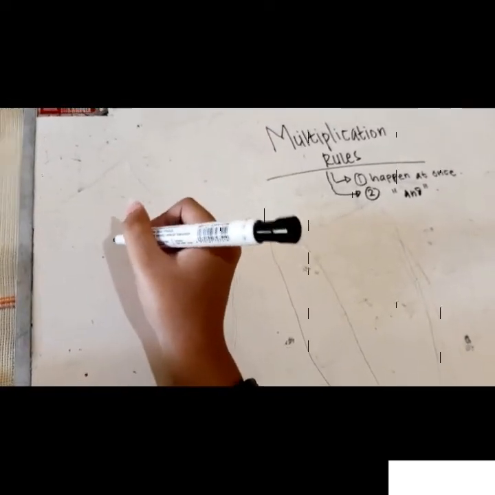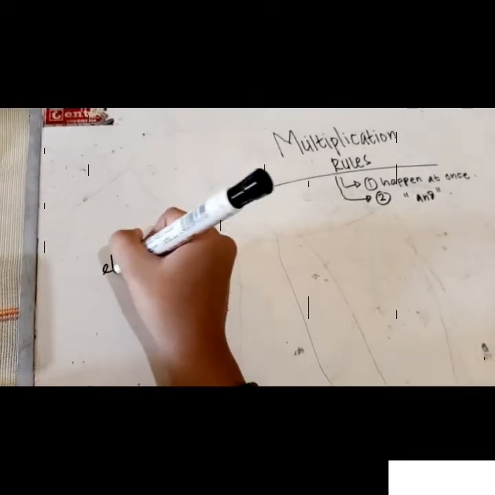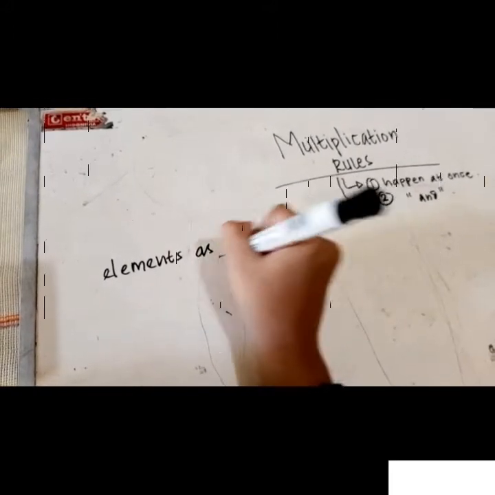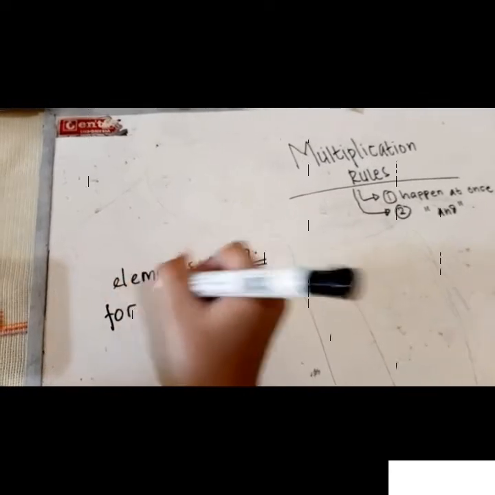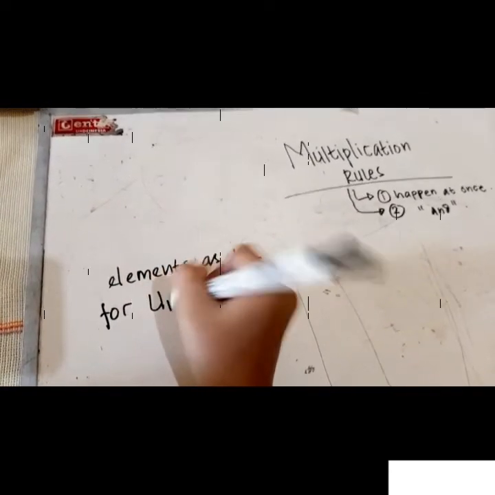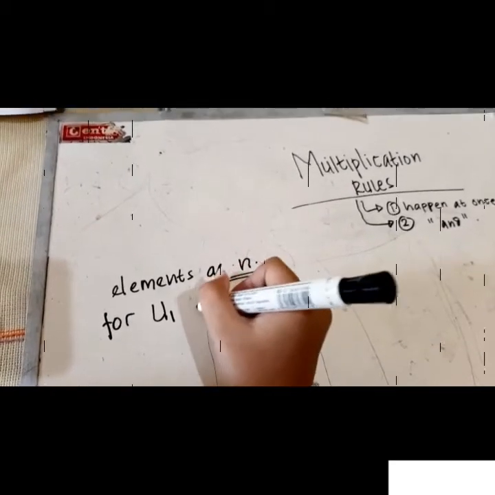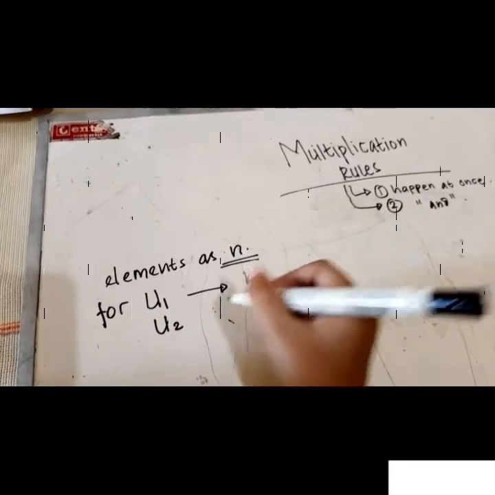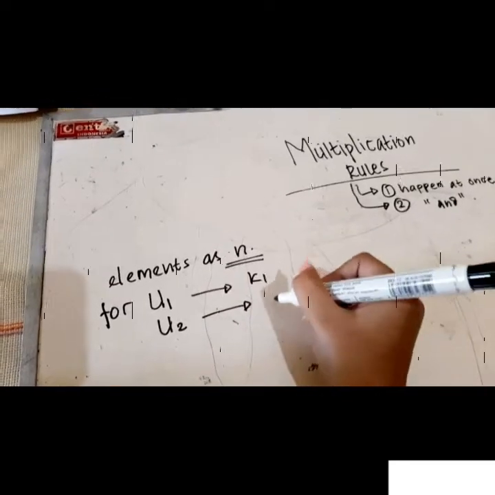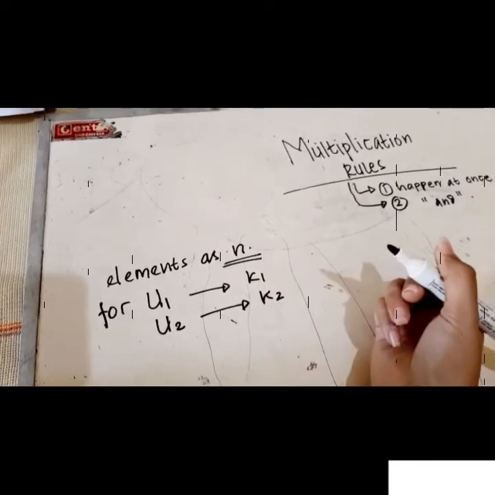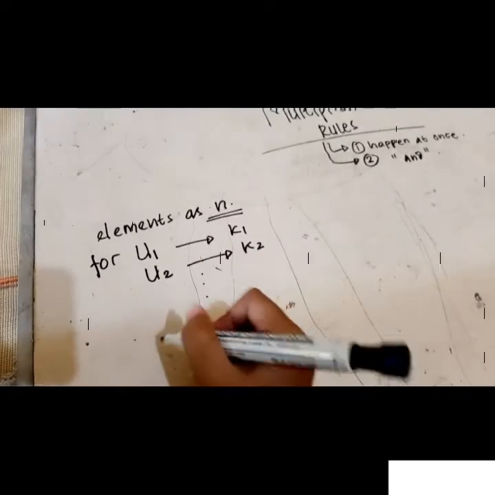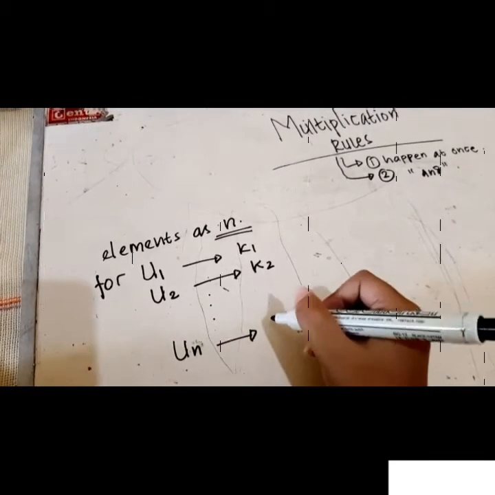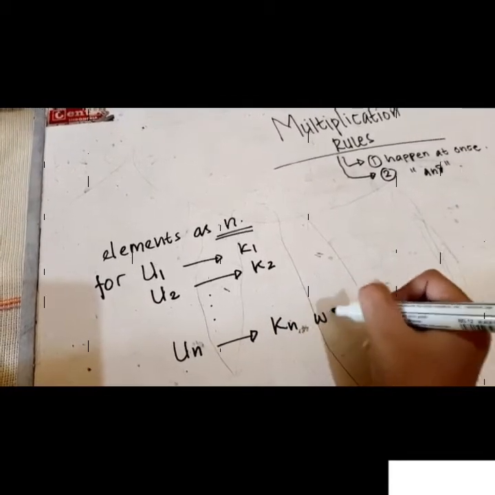For example, there are n elements. Element U1 can be arranged in K1 ways, and U2 can be arranged in K2 ways, until Un can be arranged in Kn ways.